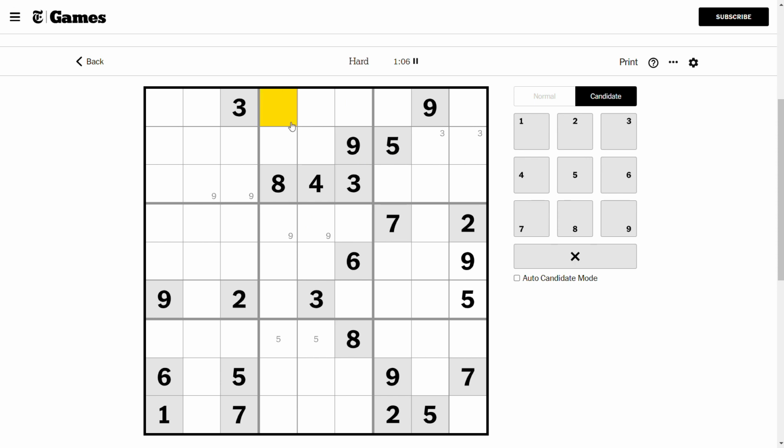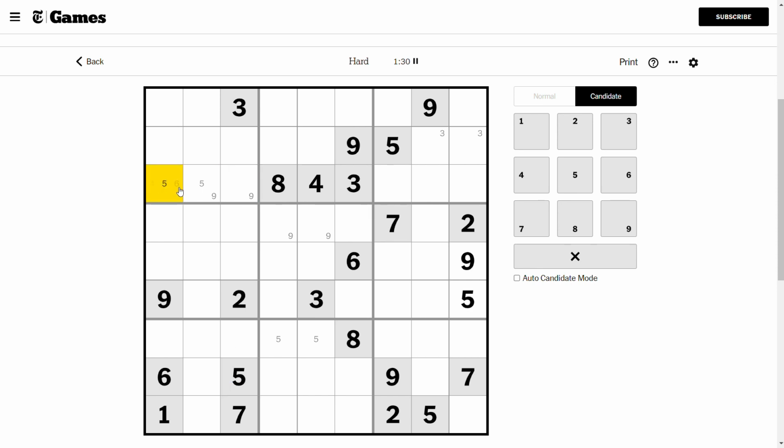So 5 in box 2 must go in row 1. Because those three cells in row 1 are the only open cells for 5 in box 2. So that also points left and places the 5, limits the 5 in one of these two. This sees the 5, so it can't be this one.